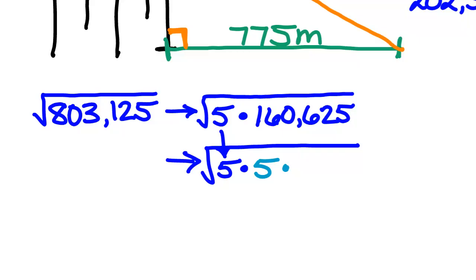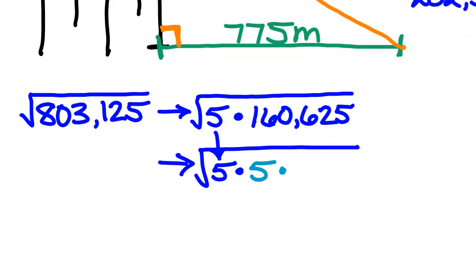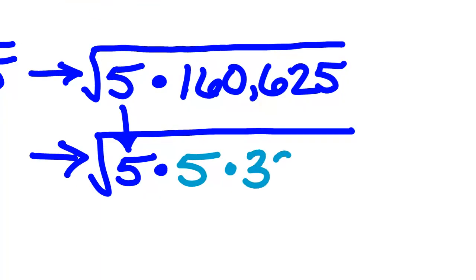5 times what gives me 160,625? Or take this and divide it by 5. 32,125.